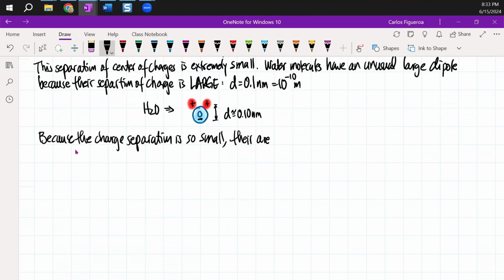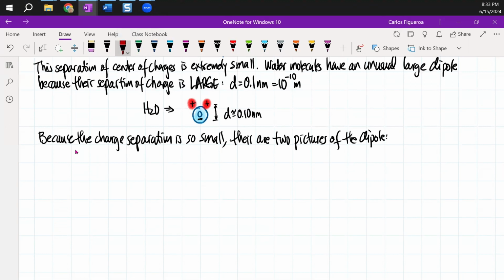There are two pictures of the dipole. One is called the theoretical dipole. The reason it's called theoretical is because you can actually see the separations.